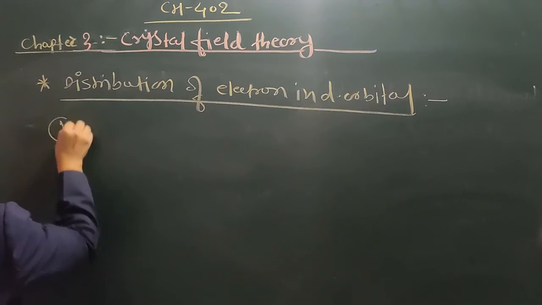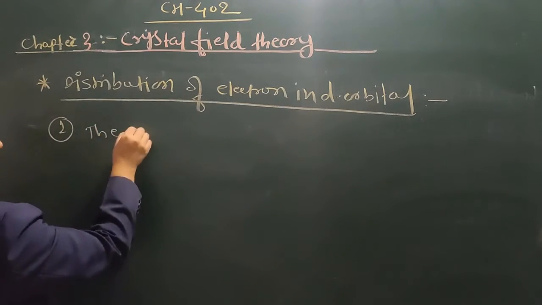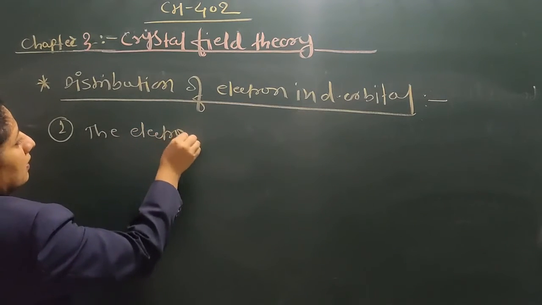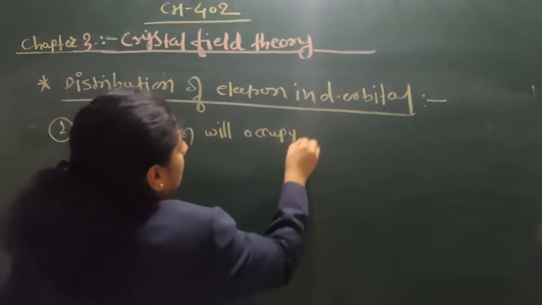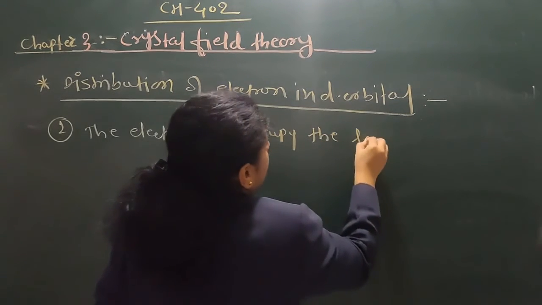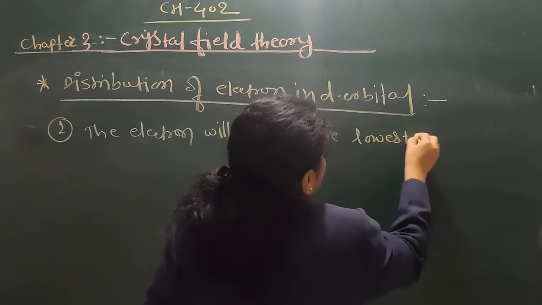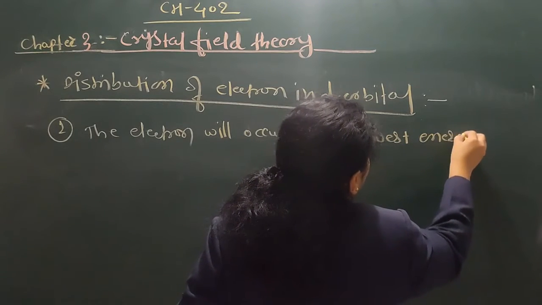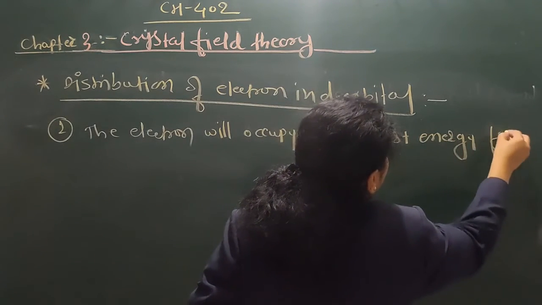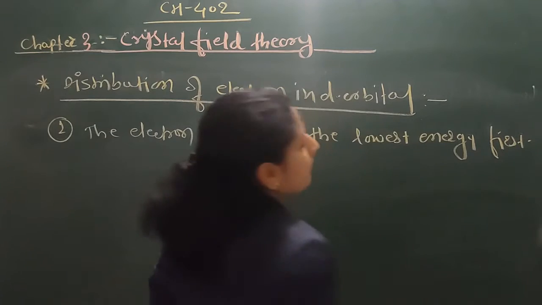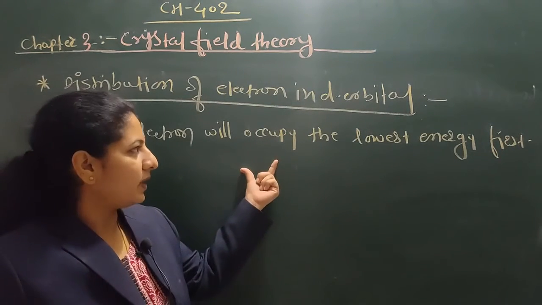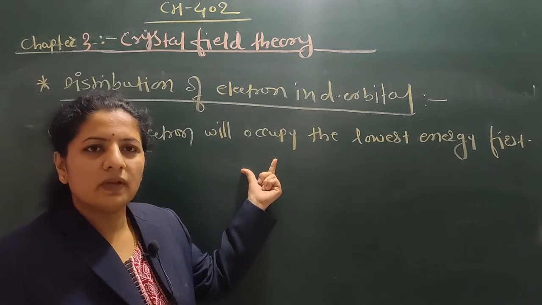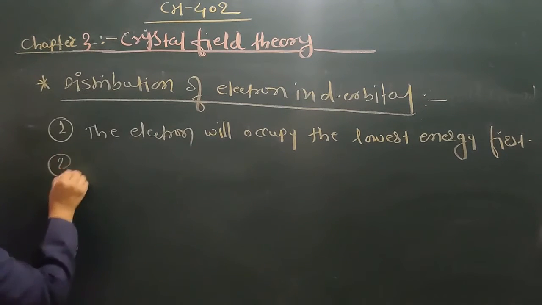The first rule is that the electron will occupy the lowest energy first. First it will go to the lower level, and after that level is filled, it will go into the upper energy level.